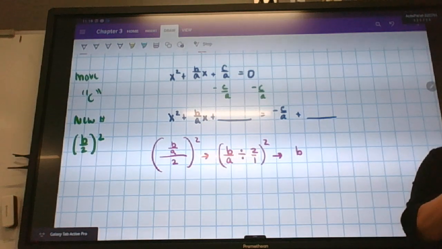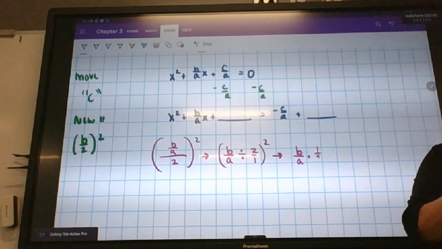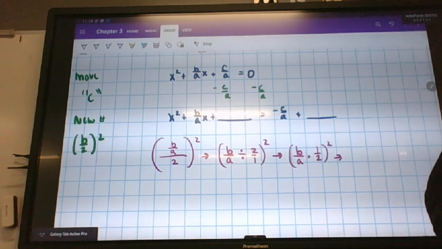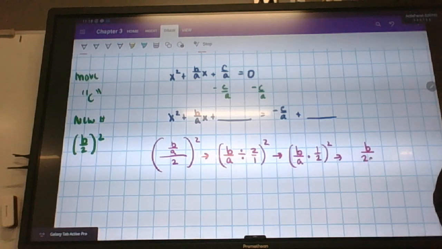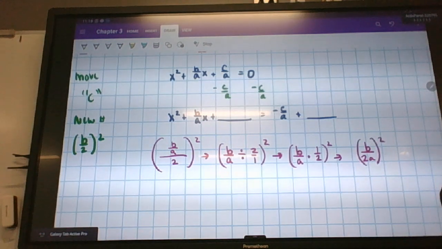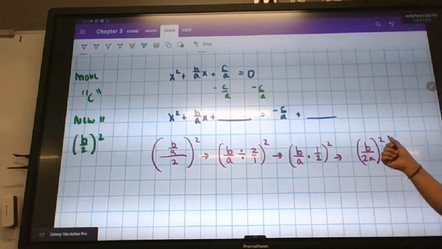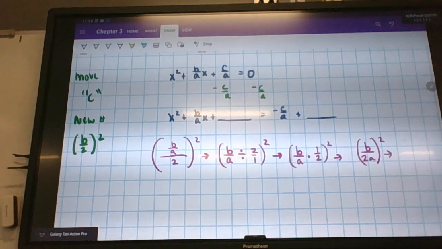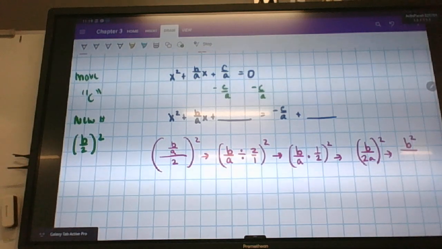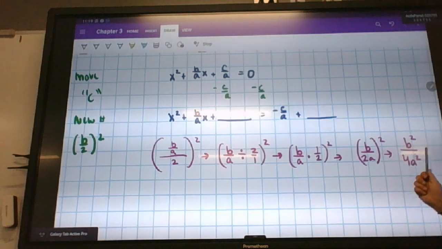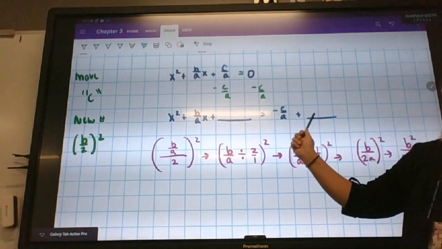So that would be b over a times 1 over 2. And so that's b over 2a, squared. And I can square that. Square the top and square the bottom. And that's b squared over 4a squared. So this is the value that completes the square.